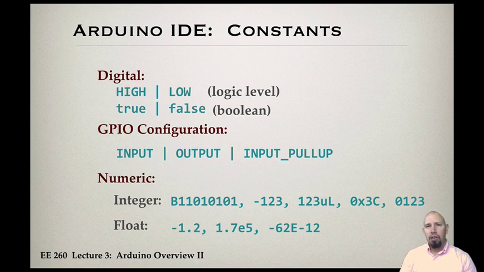When we talk about interfacing, we're going to talk about what the value of a pull-up resistor is, when would you want to use one, when would you not want to use one, and so forth. So that's helpful. Okay, so those are the standard predefined constants.